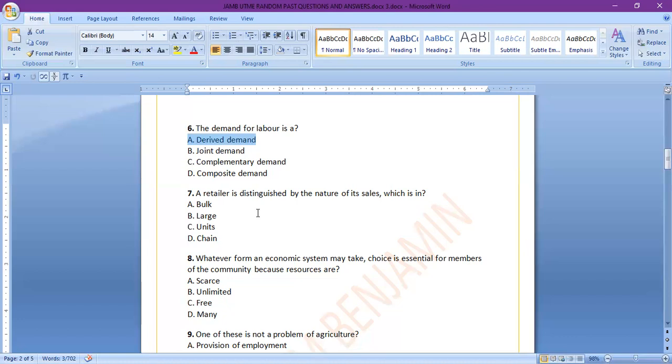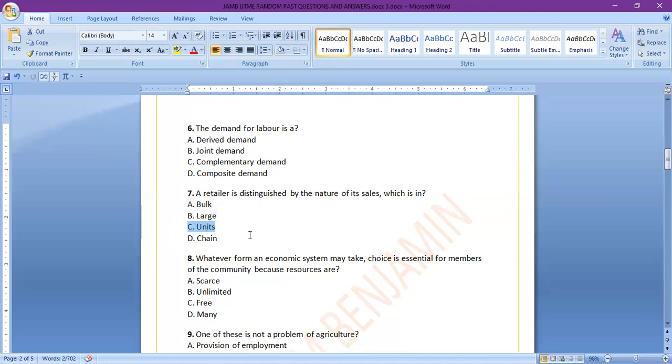So the retailer usually does not sell in bulk. That's the function of the wholesaler. He or she doesn't sell in large quantity. That's the function of the wholesaler. But the retailer usually sells in units. Retailer sells in units to the consumer. So the answer is C.